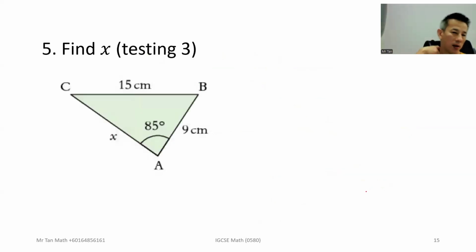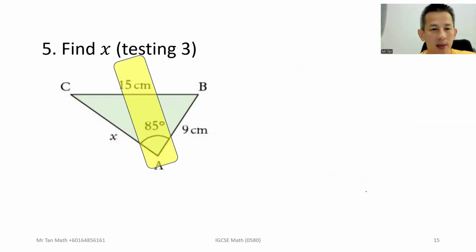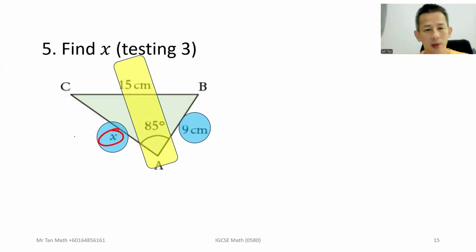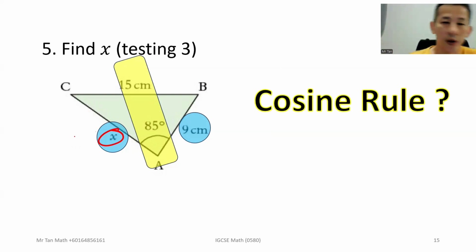Okay. Next question. This is like the question we tested just now, where you have one side, one pair, and two sides, and the unknown is one of the sides. So the question is whether you can use the cosine rule or not.